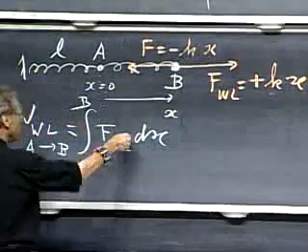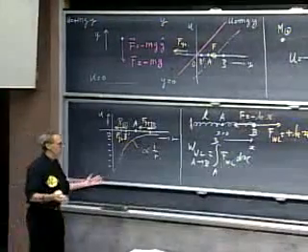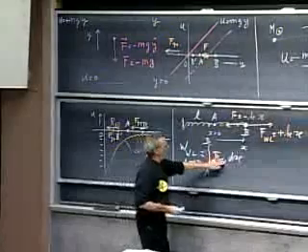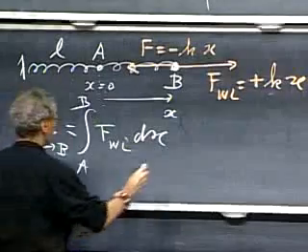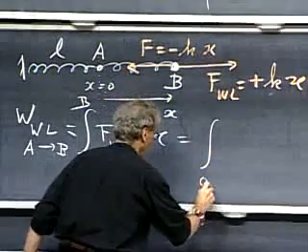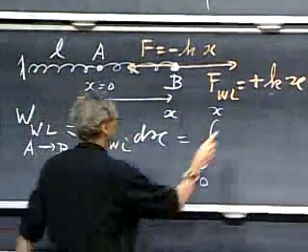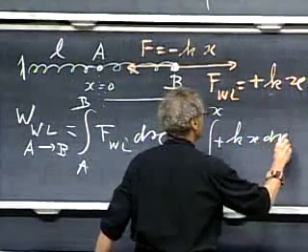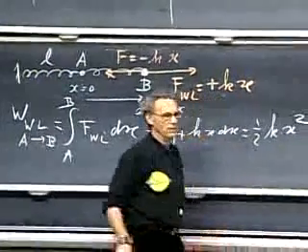It's a dot product, but since the angle between the two is 0 degrees, the cosine of the angle is 1, so I can forget about the fact that it's a dot product. I move it in this direction. So that becomes the integral going from 0 to a position x of plus kx dx, and that is 1/2 kx squared.